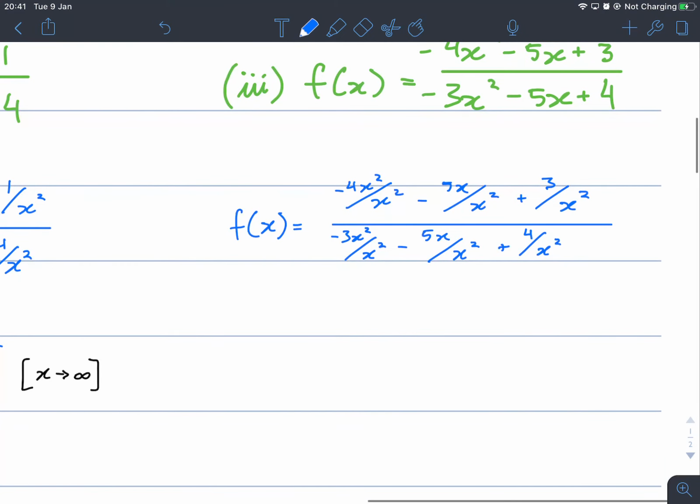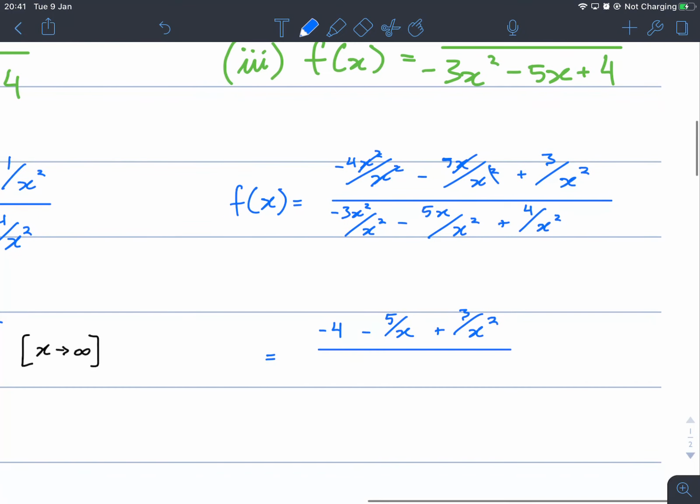Evaluating some points here. Those two x squareds cancel, which leaves us with negative 4. One of these x's cancels, so it's going to be negative 5 on x. And this point here stays the same, plus 3 on x squared. All over.